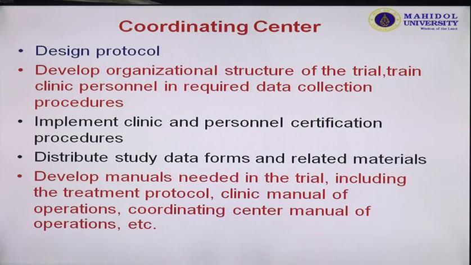So you have to think how many MDs you need, how many nursing team, how many pharmacists, how many research assistants you need per site to accommodate 2,500. You have to plan all of this for the data collection procedures. That's huge.